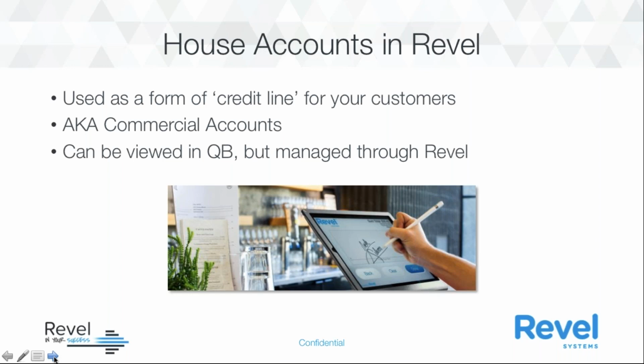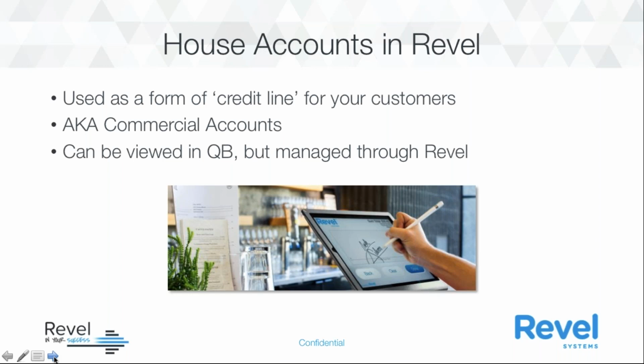And just for context, if you're in a retail business, like a hardware store, for example, you can have house accounts functioning through Revel so that when your customers come in to purchase something, you can put it on the house account and then send an invoice to their company because they're a contractor.